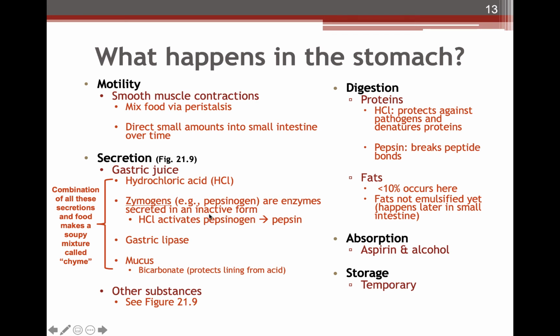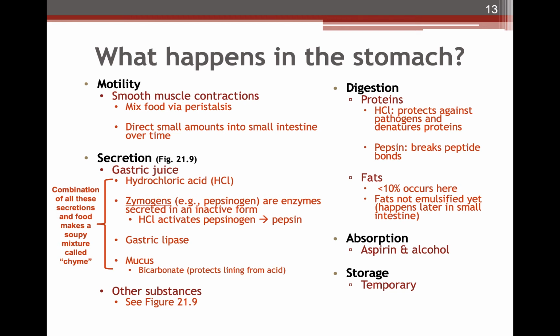Because you've got to remember here, the digestive system is in charge of digesting carbohydrates, lipids, and proteins. And these are the building blocks of your cells, especially lipids and proteins. And so if cells of your digestive system synthesized digestive enzymes in an active form, they would potentially start digesting themselves and kill themselves.